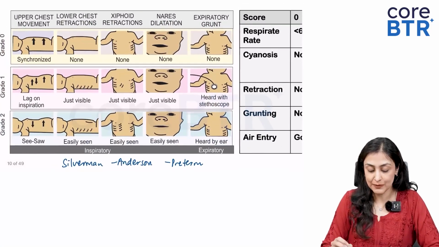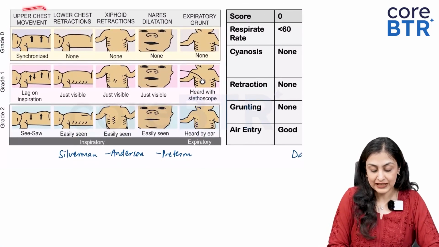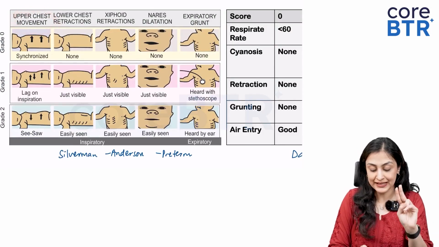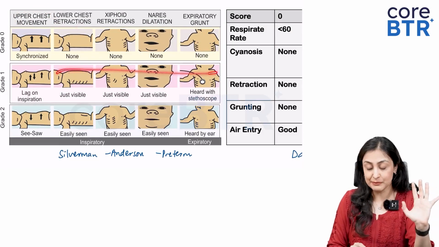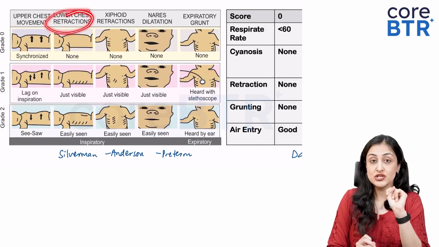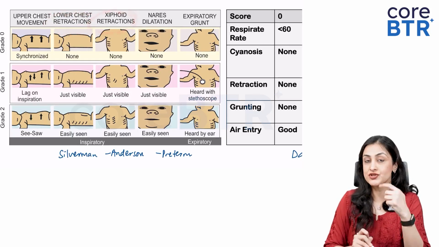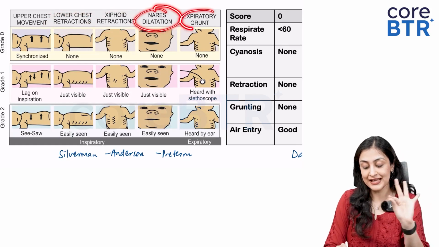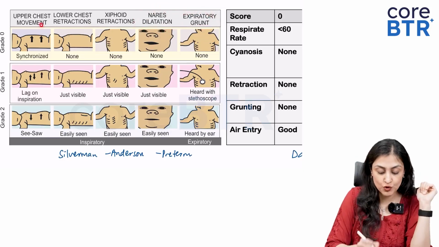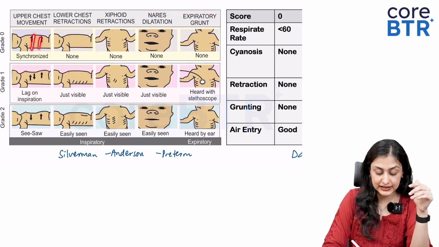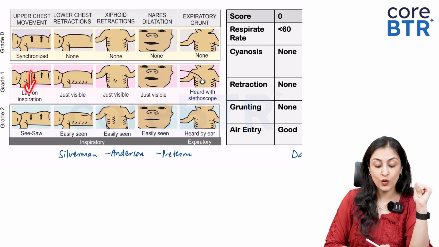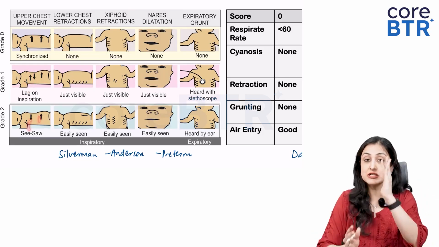So let's look at Silverman-Anderson first. You're looking at upper chest movement and then four things which are very similarly graded: lower chest retractions, xiphoid retractions, nares dilatation and expiratory grunt. Upper chest movement: synchronized movement, lag on inspiration and paradoxical seesaw.